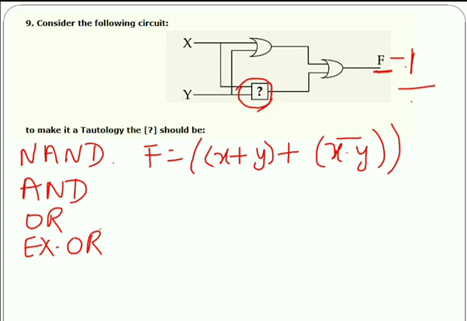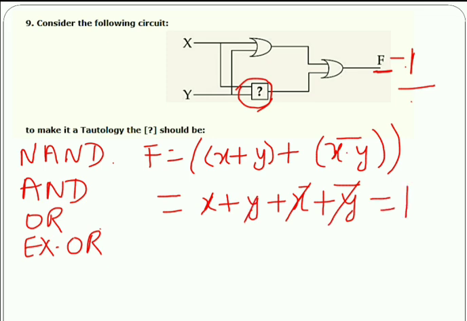If you open the parenthesis here, then x plus y plus x dash plus y dash. Now the terms cancel out and the answer is 1. So now the result is 1. So here F is true. That means the NAND gate must be placed here. The correct option is option A.